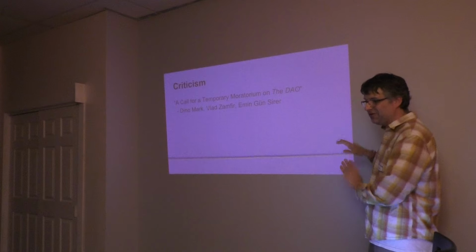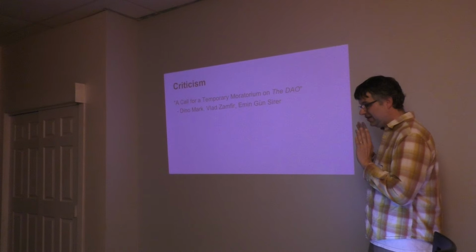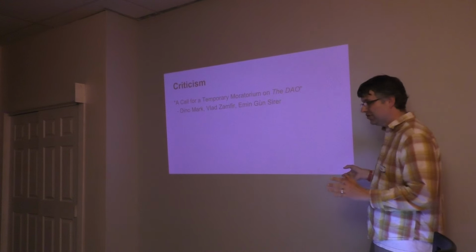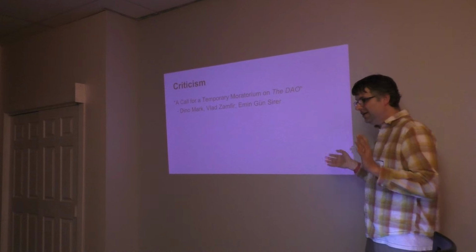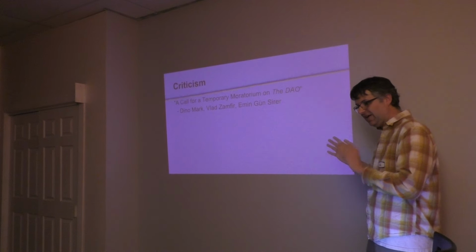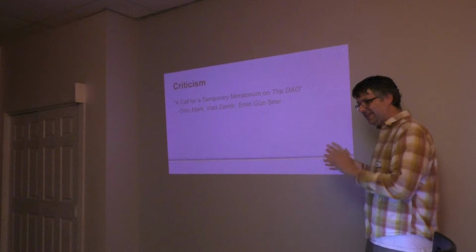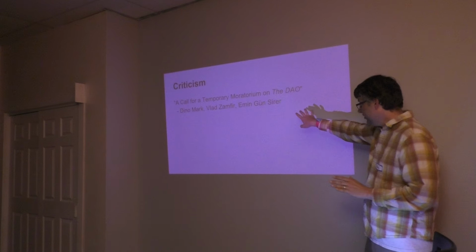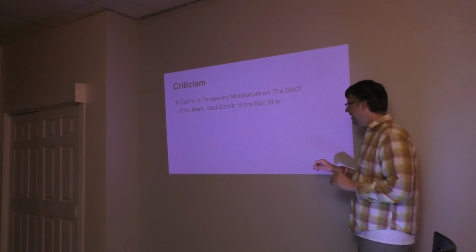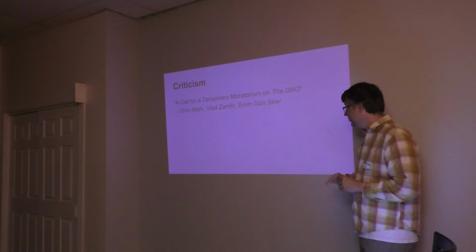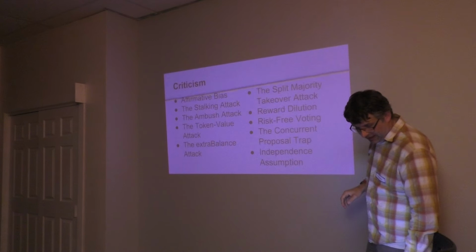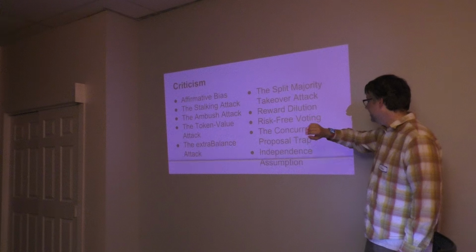And so a very important paper. The DAO code is extremely important because it's a very well engineered smart contract, the best one we have right now. But it was clearly written by a very gifted programmer, not an economist. And so there are some guys with a little bit more economics experience that have analyzed it, and they found a bunch of different attacks.